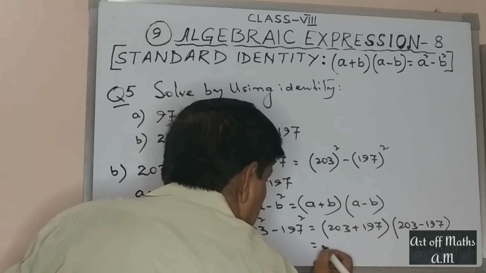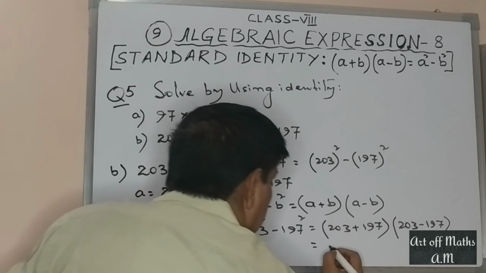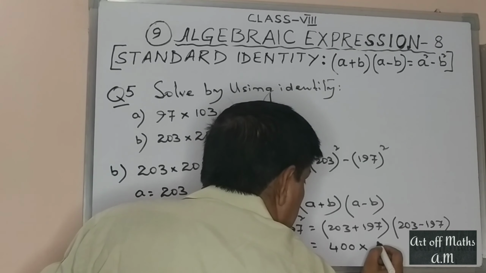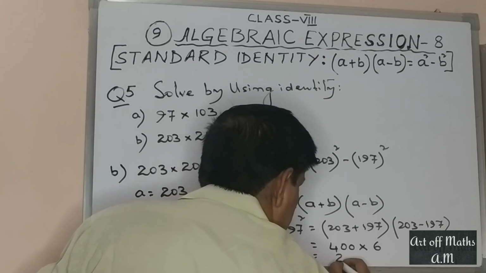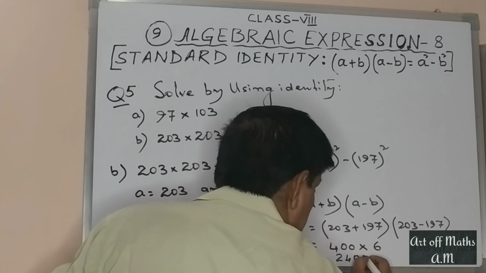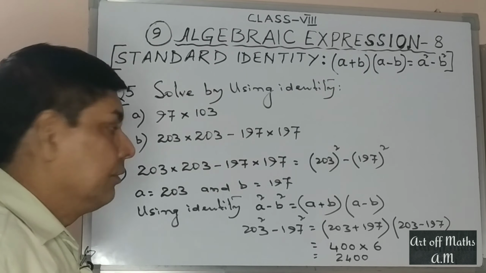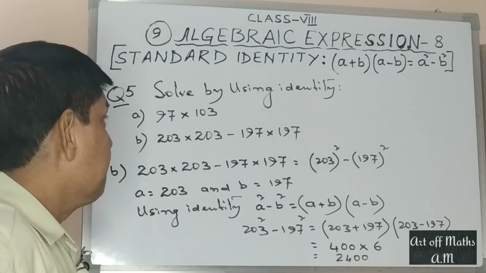Now 400 into 6, 2400. This is the way to solve this question.